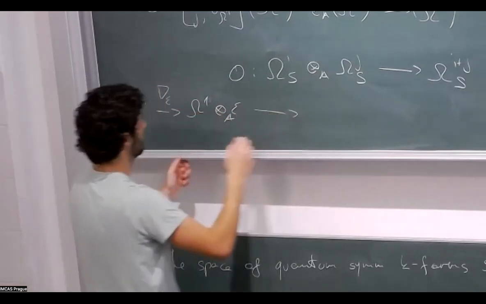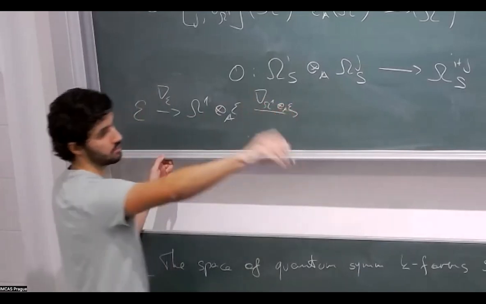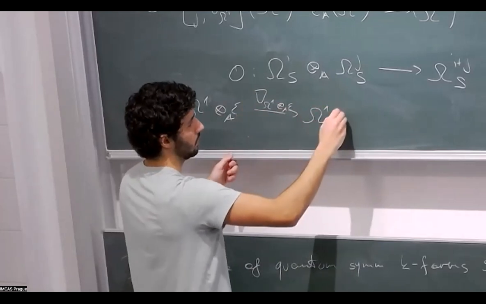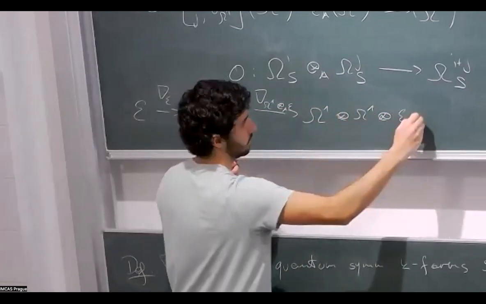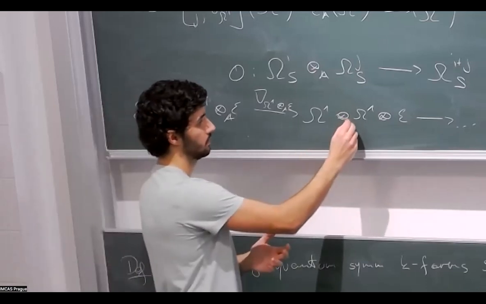And if this is flat, we can show that, I think, if you take then the connection on omega-1 tensor E, so the tensor product connection that I talked about before, and you continue like this, then you get a complex where this squared equals 0. It's basically equivalent to flatness. So I don't know if we could use this somehow to go back to your assumptions. So maybe this is one way to go, but I'm not sure.